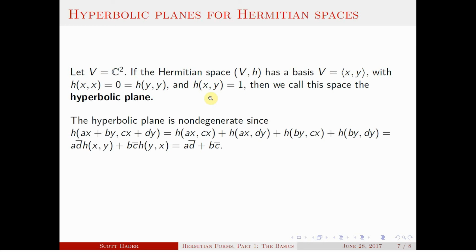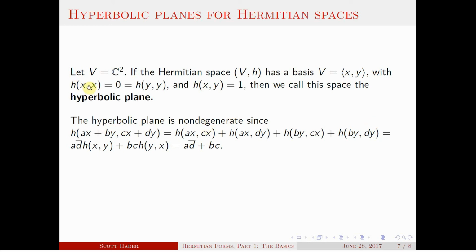So we're going to make two observations about the hyperbolic plane. The first is that it's non-degenerate, and we can see that by just checking a calculation in general between two elements in V. So this is a two-dimensional vector space, so each element is a linear combination of those two basis elements, and it splits up into 4, just like this.